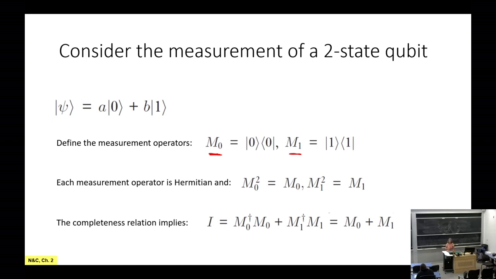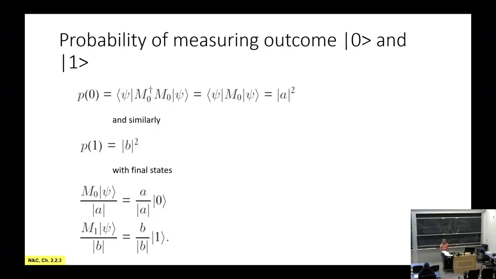Each measurement operator here is Hermitian, and M0 squared is equal to M0, and M1 squared is equal to M1. And the completeness relation we just mentioned implies that M0 plus M1 is identity.